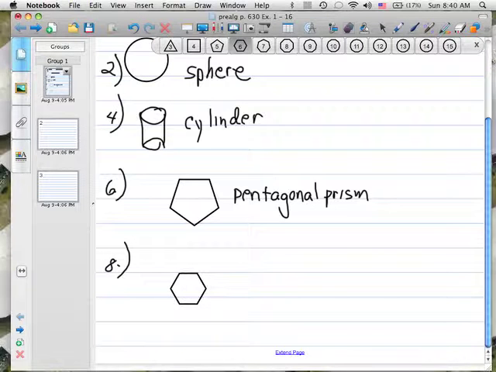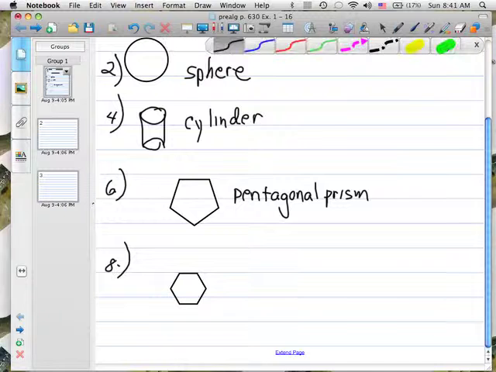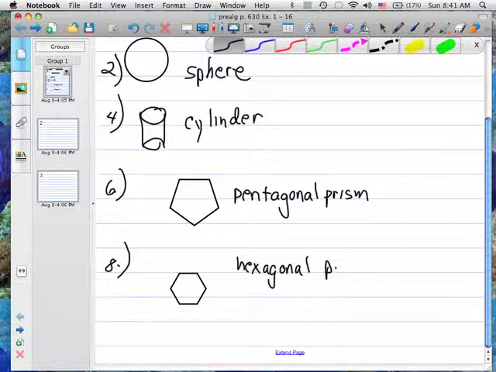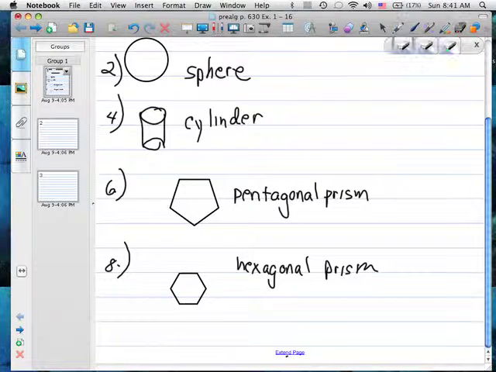And it has an opposite base. It's a hexagon, so it is a hexagonal prism. And then number, oops, I'm doing the wrong one. Sorry about that, I caught it.